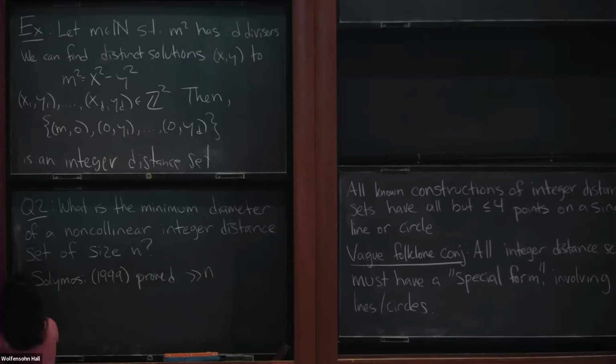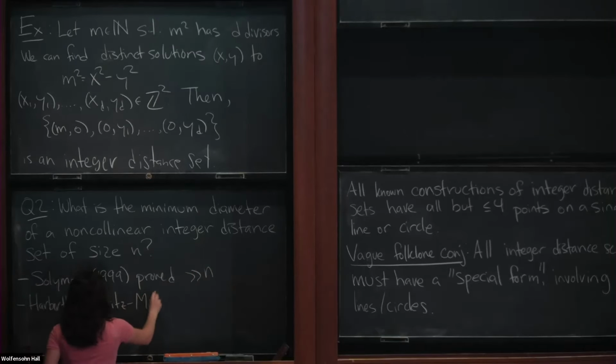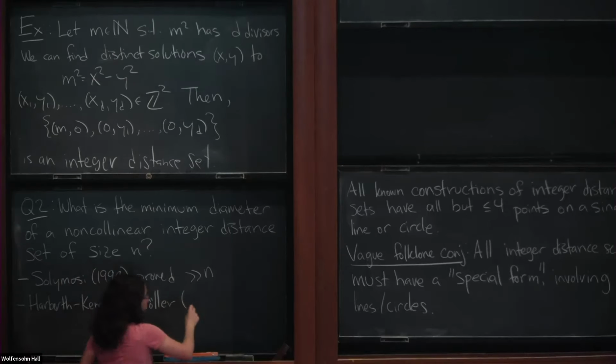And the best upper bound is due to Harborth, Chemnitz, and Muller in 1993.